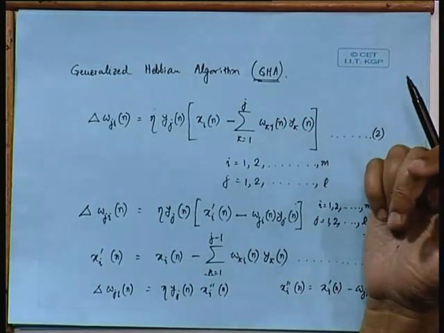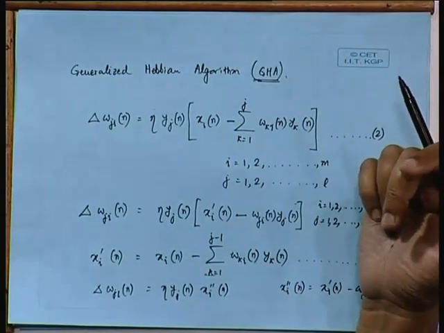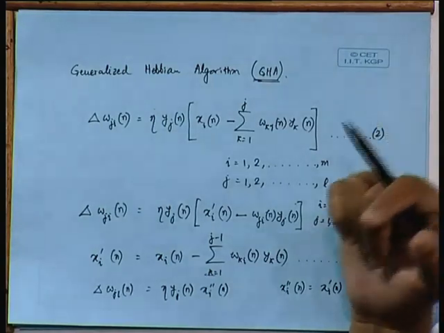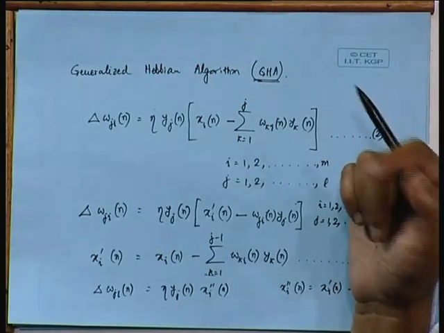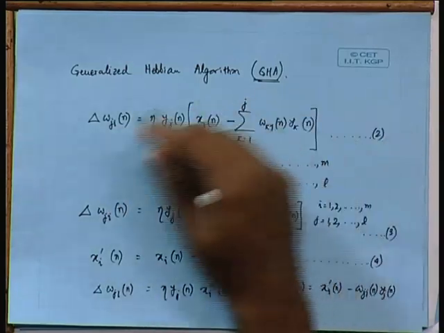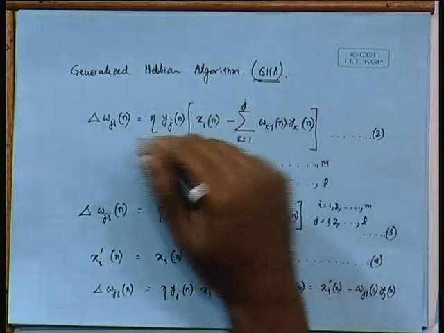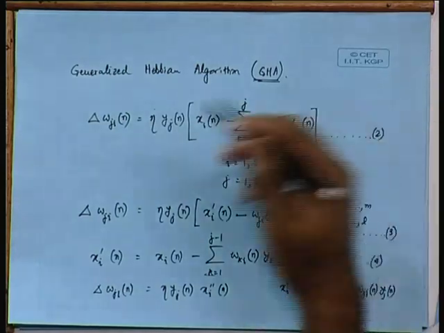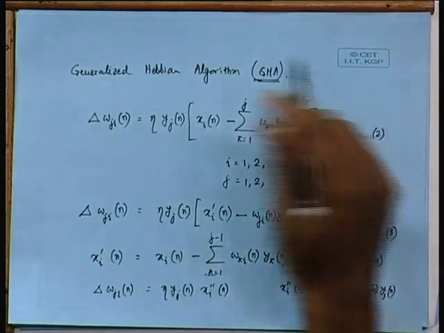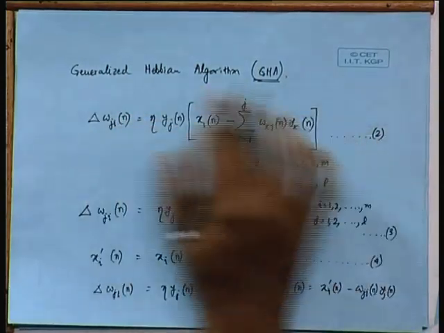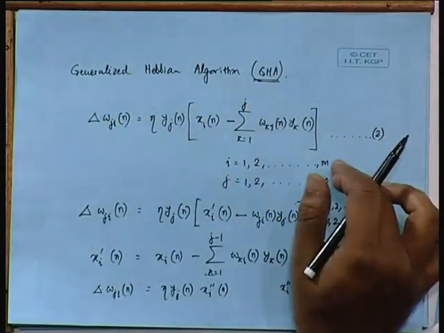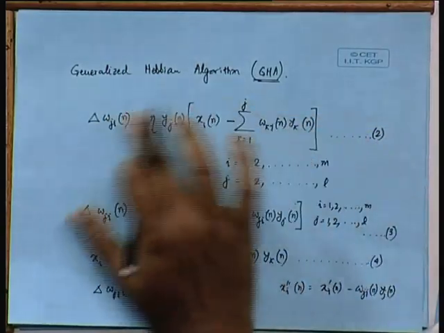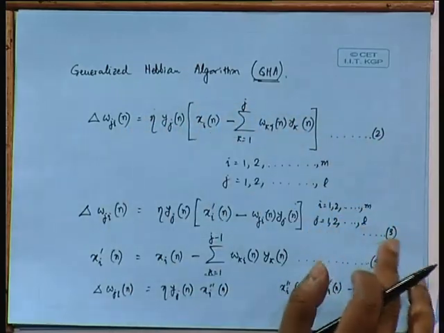We had already seen that in the case of Hebbian learning, but there we were considering only one output, whereas here the Hebbian learning mechanism has been generalized to more than one output. So, we are just accepting this form, since we are not going into the detailed mathematical analysis of how it is derived.